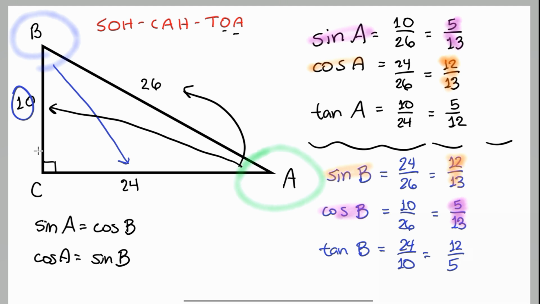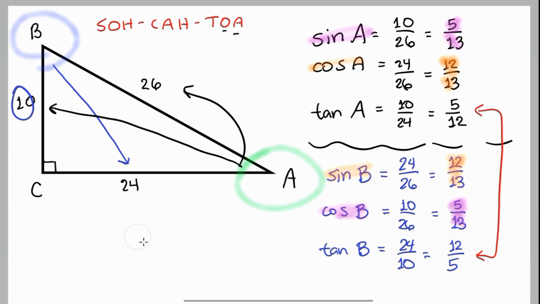Now you'll notice that for the tangent values, these guys are not equal, but you will see that these guys are reciprocals. The tangent of A is 5 over 12, which means the cotangent of A would be the reciprocal, 12 over 5, which happens to be the same thing as the tangent of B. So you see there's that connection.